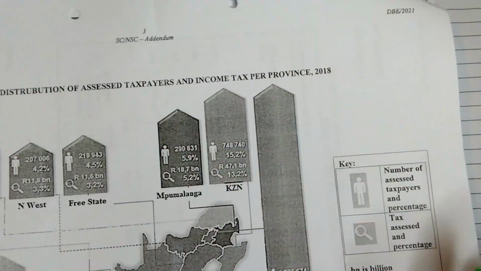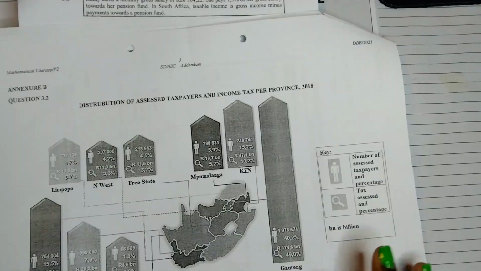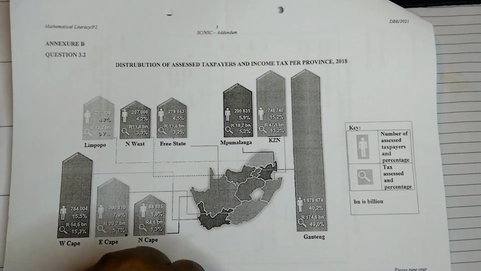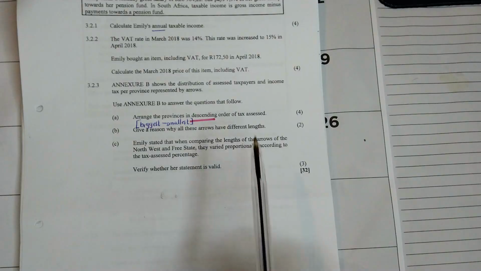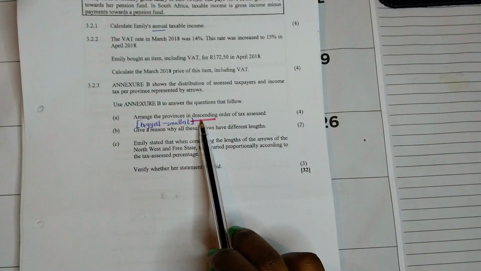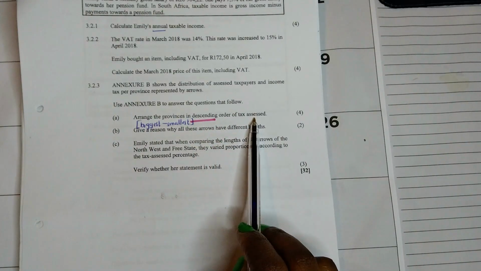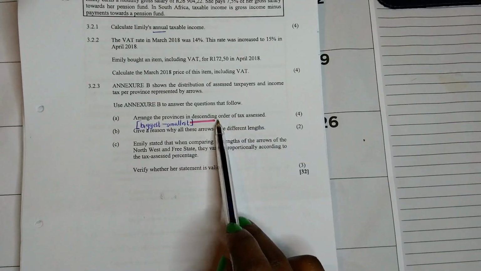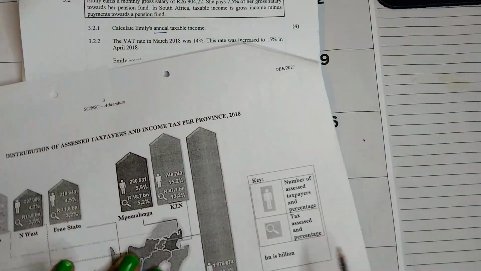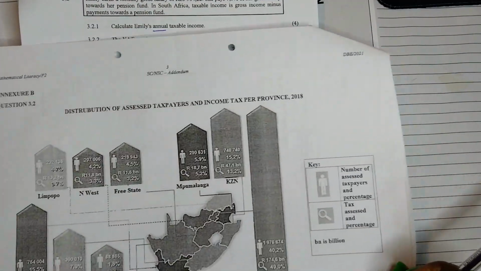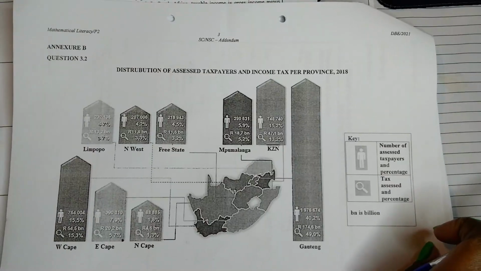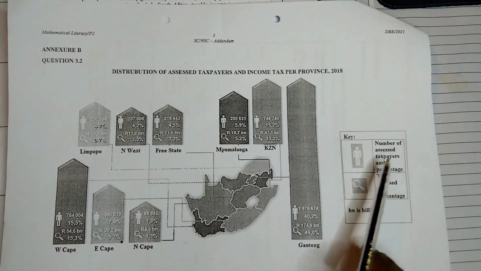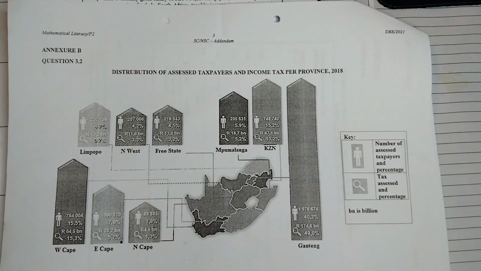Right, so let's just have a look at Annexure B. Okay, so that is our Annexure B. We want to arrange the order of the tax assessed, so we're having a look at the tax assessed and we want to arrange it in descending order. When you look at our Annexure B, we can see that we're given a key here. That person represents the number of assessed taxpayers and percentage.